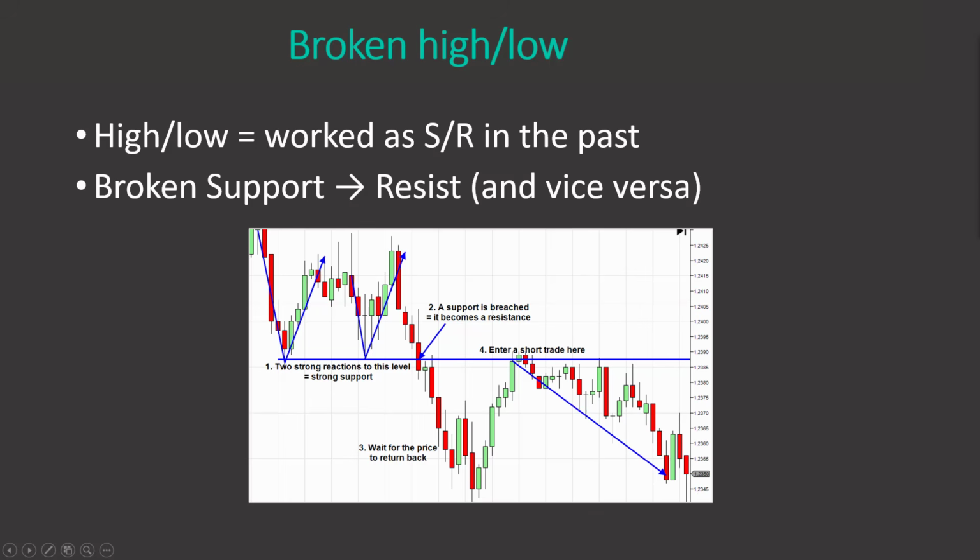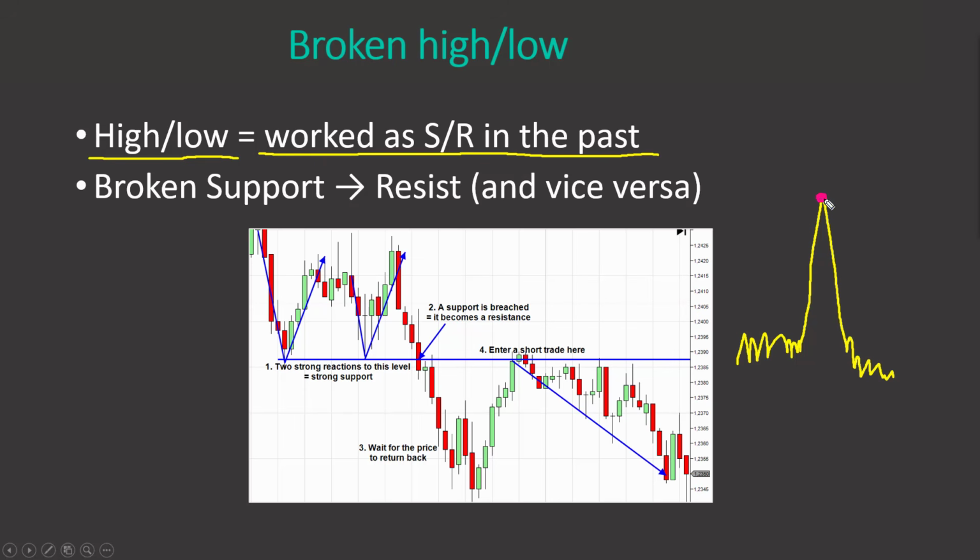Now, another setup is called broken high or low, and it works with the fact that a significant high or low works as a strong support or resistance in the past. Let me do a little drawing here. Imagine there's a little rotation like this, and then boom and boom, and rotation again.